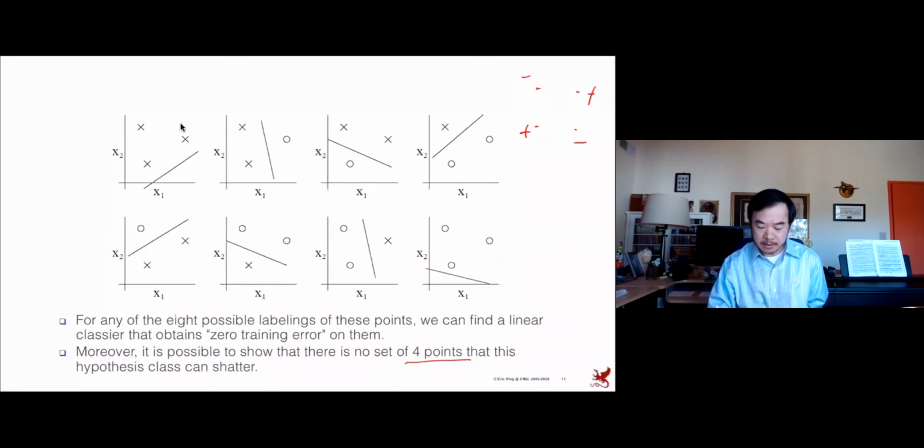So as you know, the 3 is actually carrying a notion of a maximum. It is a maximum number of points that you can resolve, whose arbitrary labeling can be resolved by your line. Therefore, the VC dimension of this line is how many?